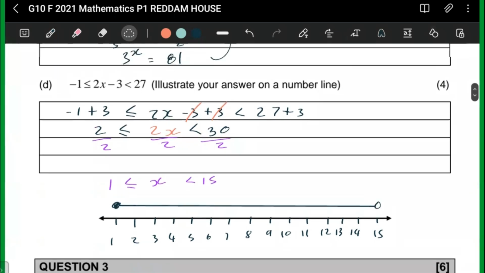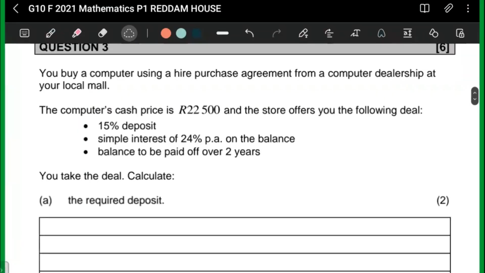Moving on to question number 3. Question 3 says here, you buy a computer using a hire purchase agreement from a computer dealership at your local mall. Now, the key thing here is, if you're going to buy anything on hire purchase, it means that you put down a deposit and then you pay the rest afterwards, but you still take the item.